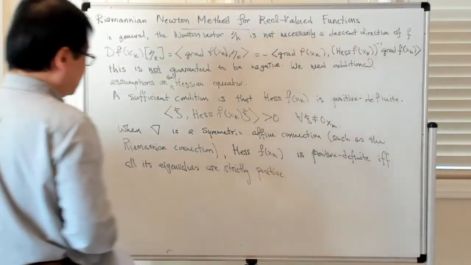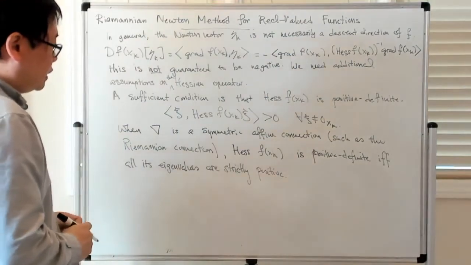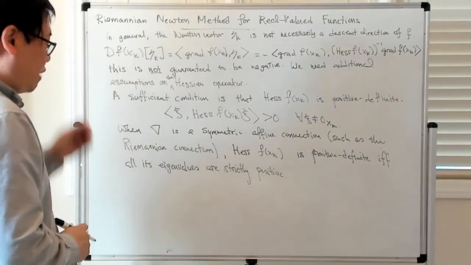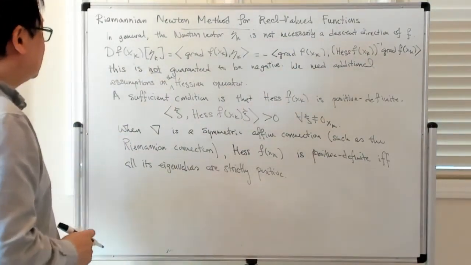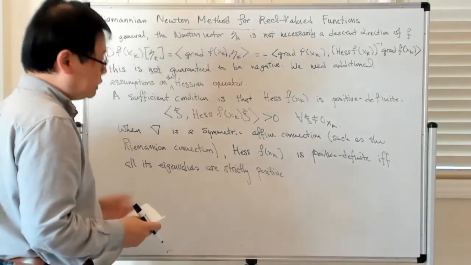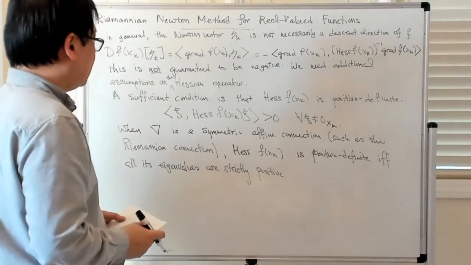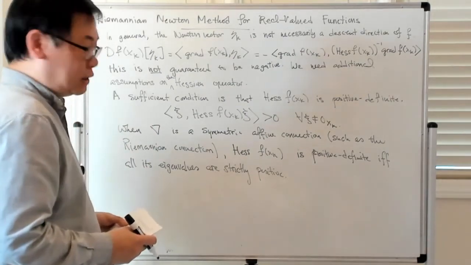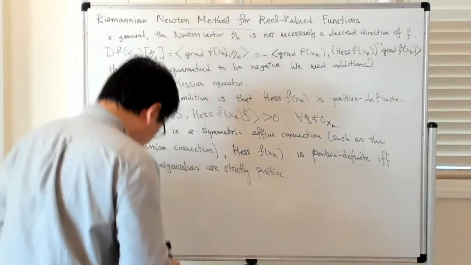All right. So what oftentimes happens is that, for practical purposes, to get practical convergence results, one essentially modifies the Newton equation. Let me say how you do this.